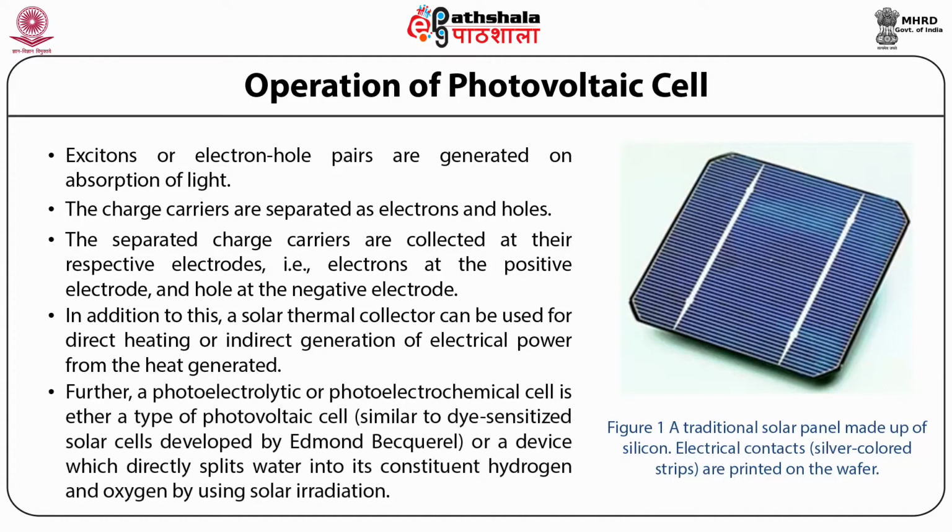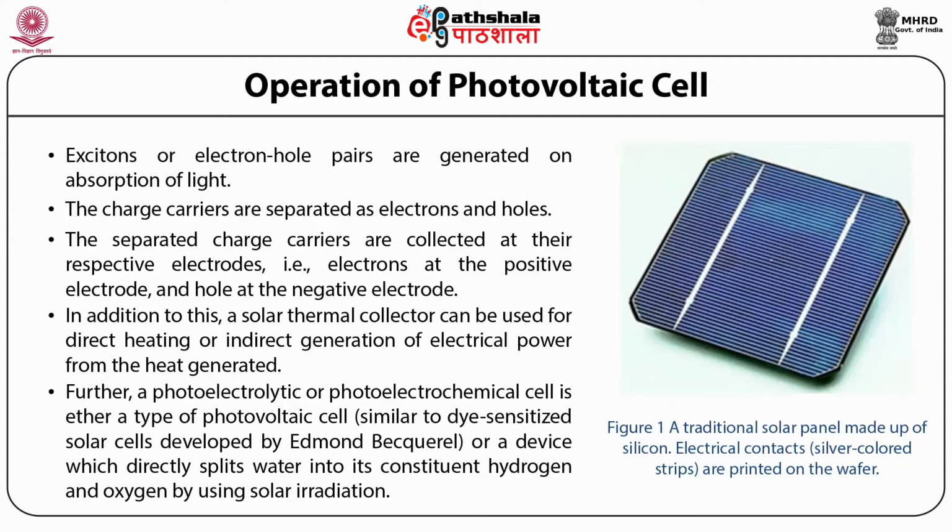Further, a photoelectrolytic or photoelectrochemical cell is either a type of photovoltaic cell which is similar to dye-sensitized solar cells developed by Edmund Becquerel, or a device which directly splits water into its constituent hydrogen and oxygen by using solar irradiation.